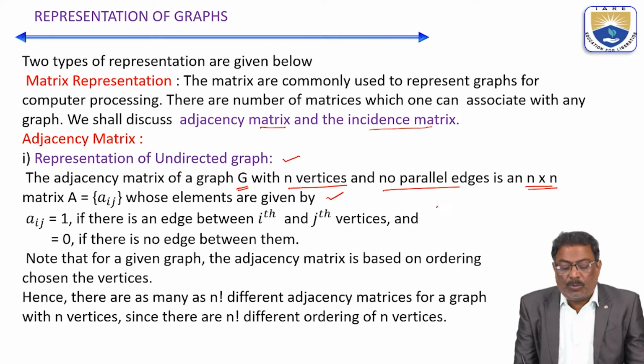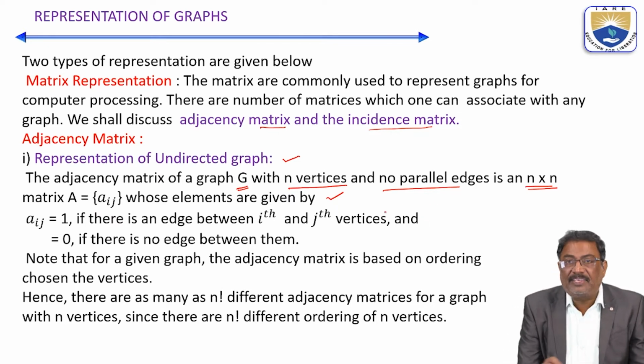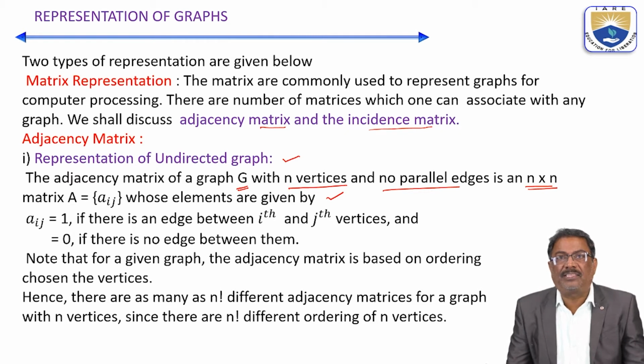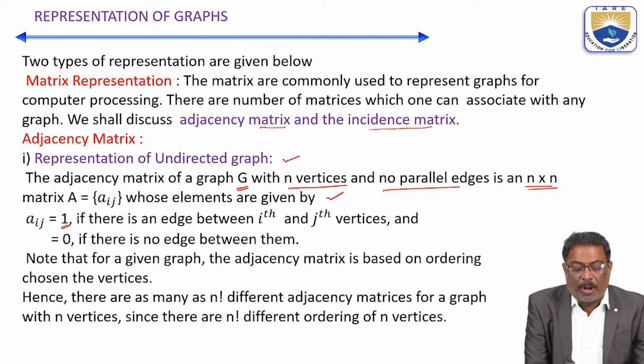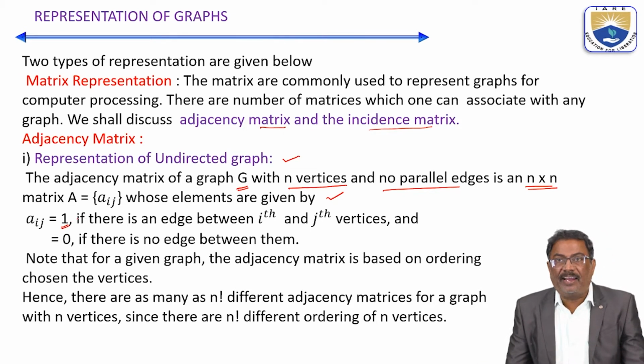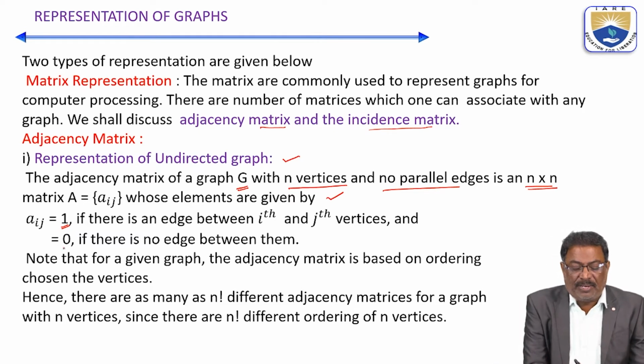Here we consider A_ij, that means the ith row, jth column. We keep 1 if there is an edge between the ith and jth vertices. If there is an edge, then the corresponding ith row, jth column position is 1. Otherwise, it will be 0.